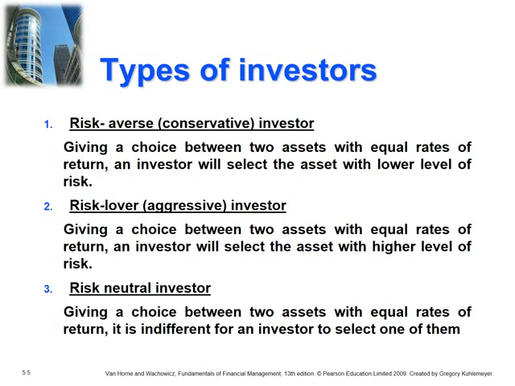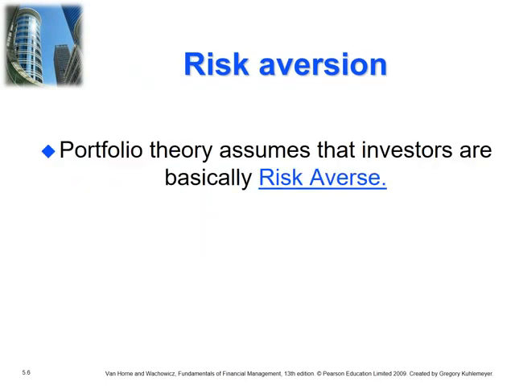This investor, if he chooses between two assets with the same rate of return, it's indifferent for him to select one of them. Portfolio theory assumes that investors are risk averse, so all financial decisions depend on the fact that the investors are risk averse.